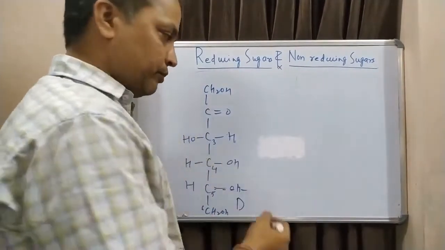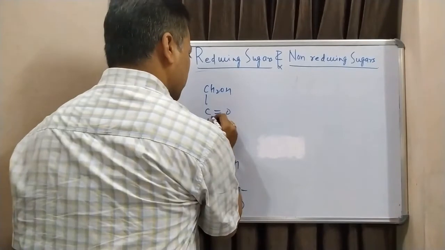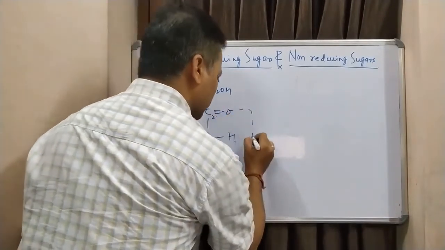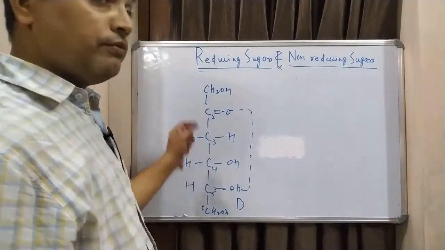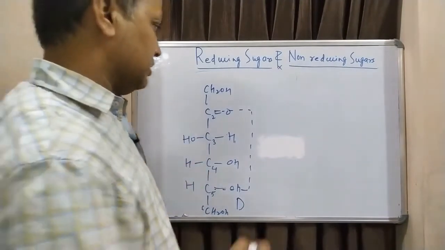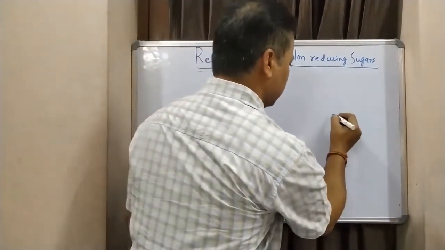In fructose, carbon number 2 is going to form a bond with the fifth carbon, so the ring will be a ring of 4 carbons.